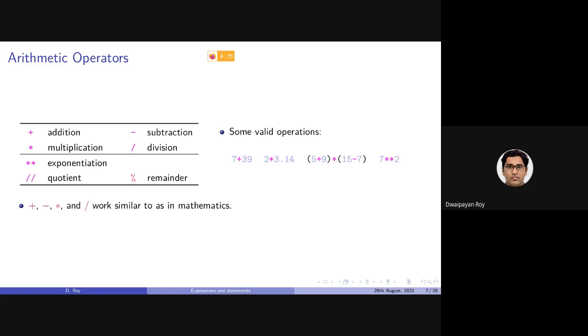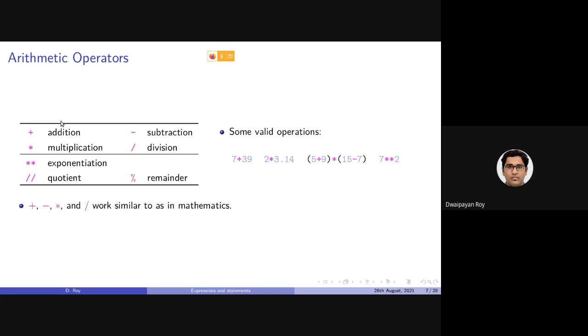There are 3 other special types of arithmetic operators available in Python as well. Double star is an arithmetic operator which indicates exponentiation. We'll be discussing it in a short while. Along with that, there are 2 more arithmetic operators. One is double slash, and another is the percentage sign.